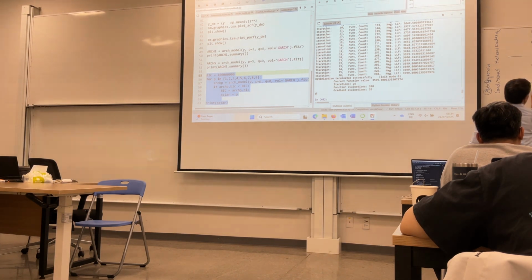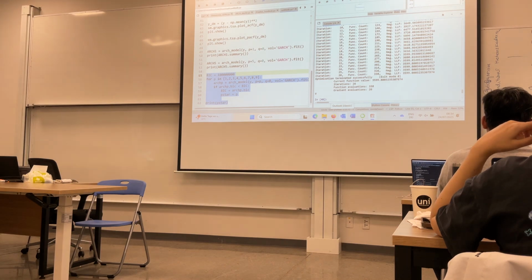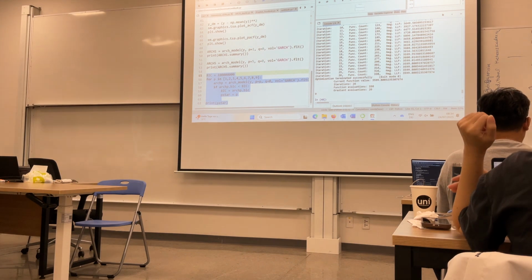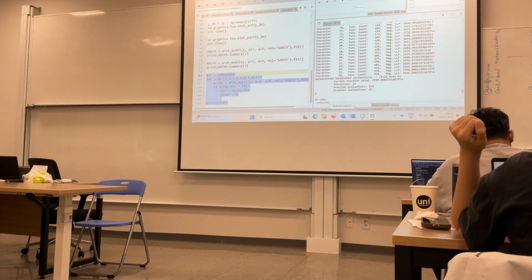Right? So u_t is looking like so. Simply in this e_t, I plug in whatever I have for sigma t. But now let's look at sigma_{t-1} squared.